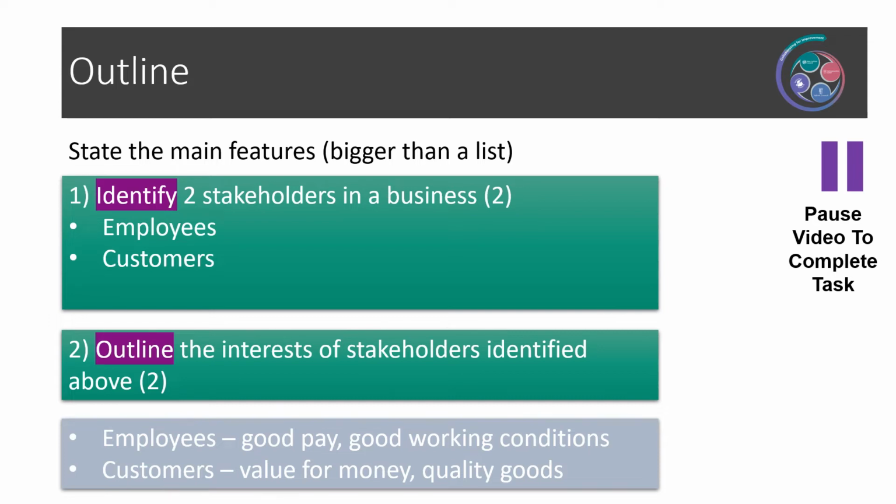Just when we're talking about stakeholders and the interests of stakeholders, you have to be clear on who the stakeholder is. Okay, so in this circumstance, this is just a little bit of a top tip, is that if it was outlining the interests of stakeholders, it has to be obvious as to which stakeholder you are talking about.